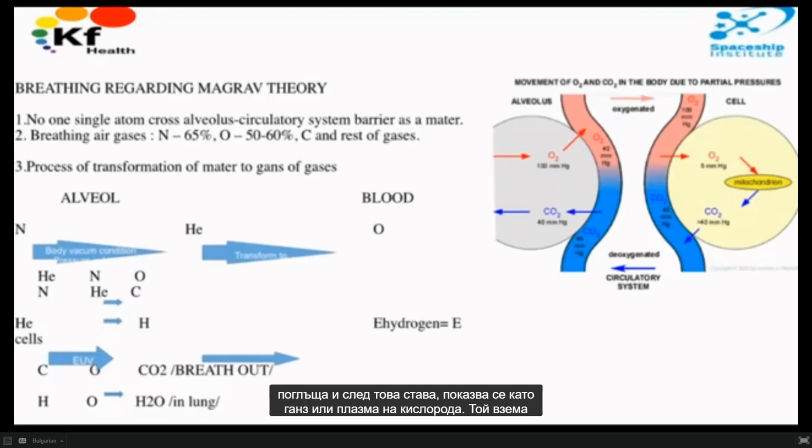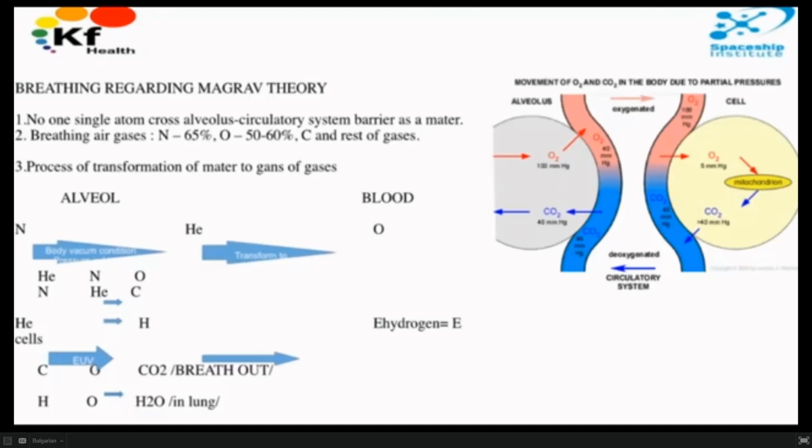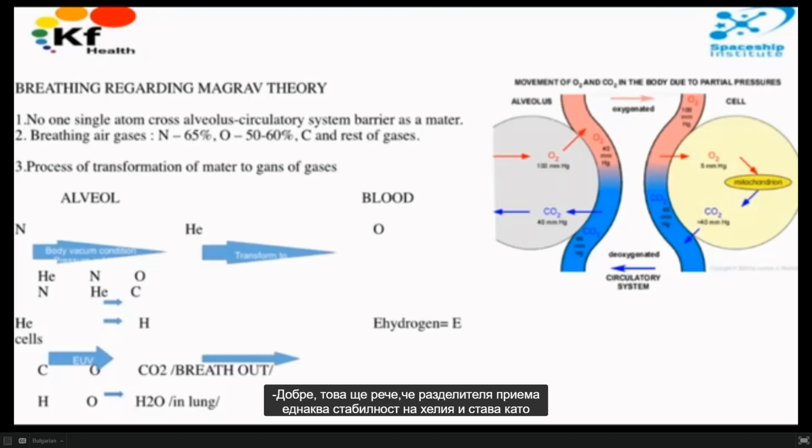When it takes helium, it takes energy, a gravitational magnetic field equal to that of helium. That increases its mass, so it becomes helium and oxygen, like a magnet. Become magnet for us is oxygen. So we are able to read it like that.